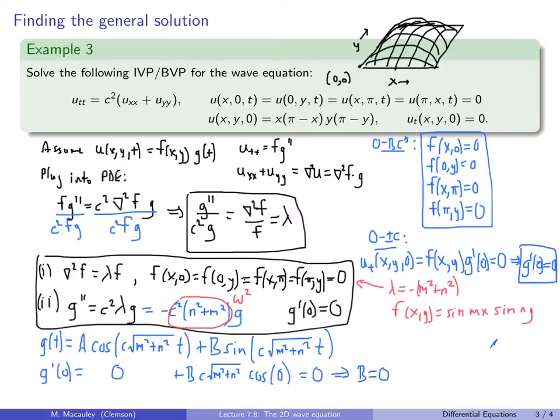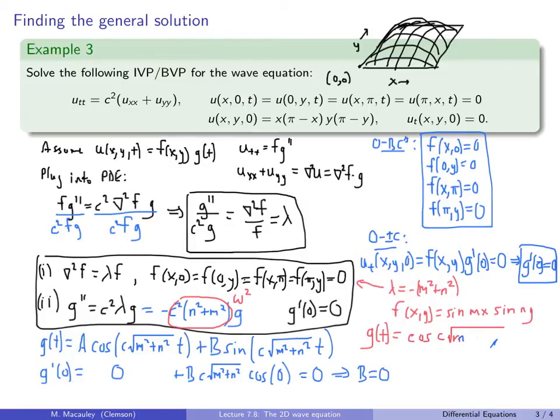So that tells us that we know what g is. G of t is this thing, except the sine term is equal to 0. So g of t is cosine of c times, actually let's do m squared first.